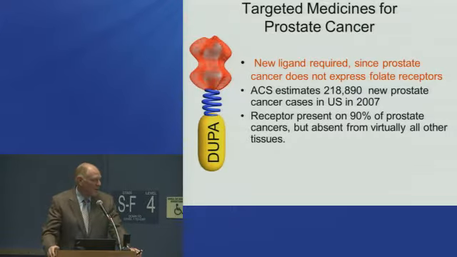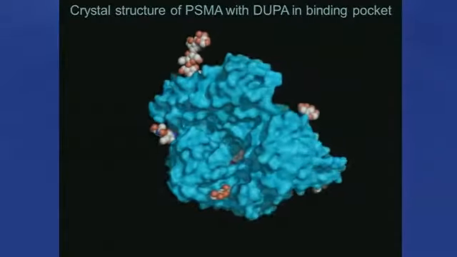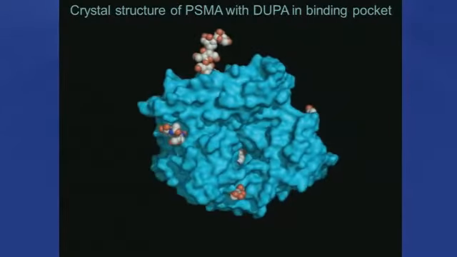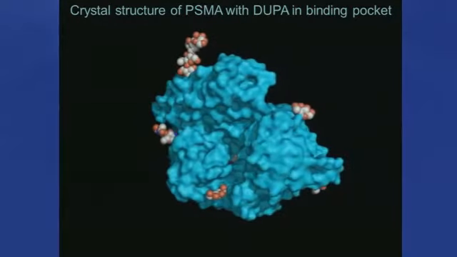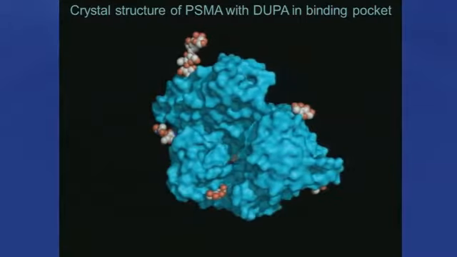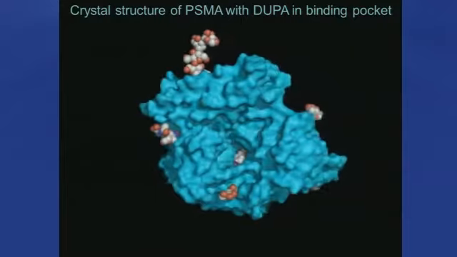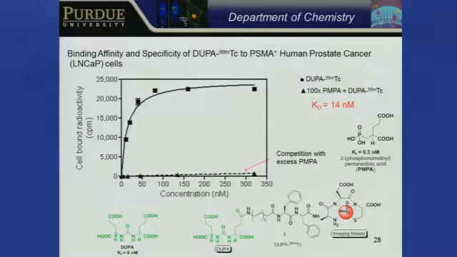Marty Pomper here in the audience has concurrently developed a very similar molecule for targeting prostate cancers. And we have, in addition to using this urea-like compound, we've used the crystal structure of PSMA to build a spacer because the ligand binds so deep in this pocket, we fit some of the spacer to other side pockets in this tunnel here to improve the affinity.